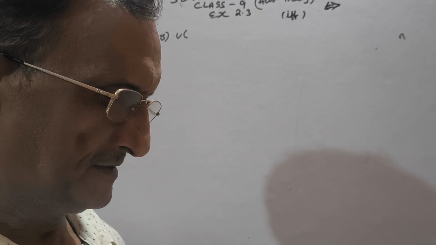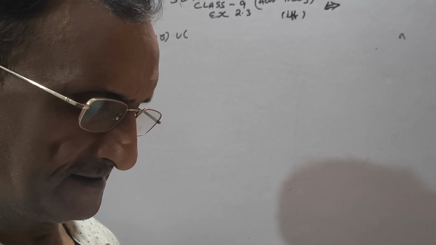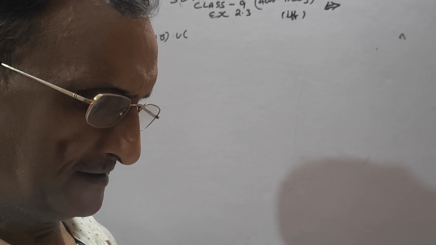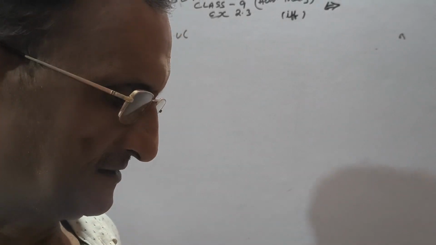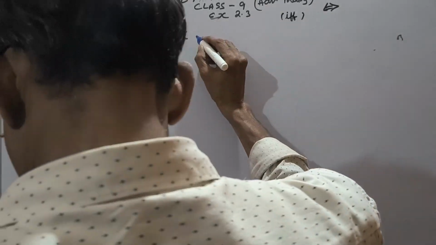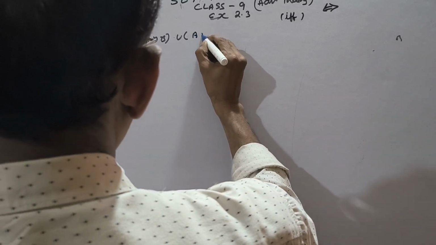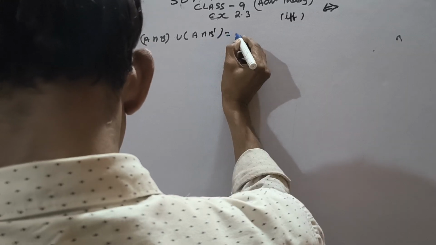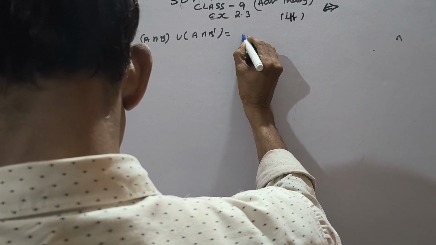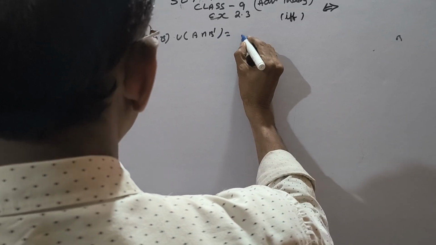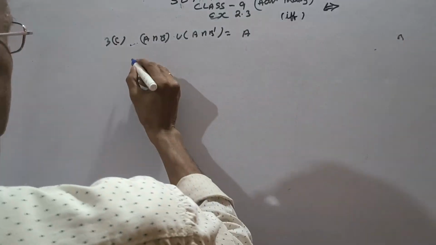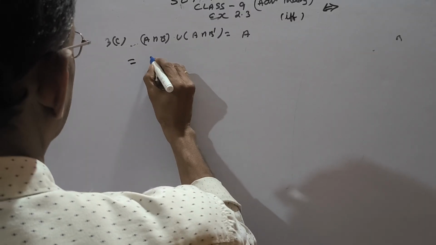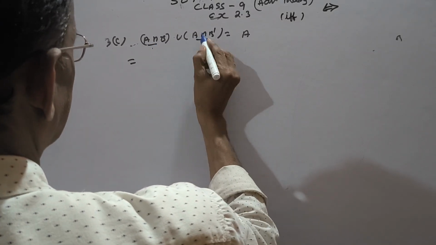(A intersection B) union (A intersection B) equal to A is not correct. The question should be (A intersection B) union (A intersection B complement) equal to A. The question has a big mistake. This is question number 3. So now start.